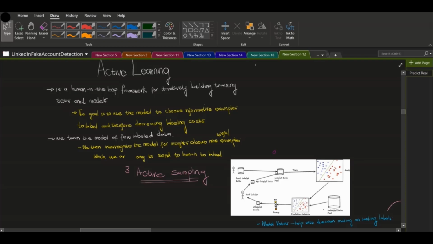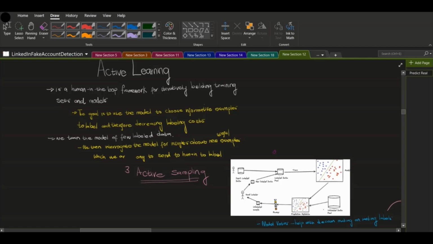So what happens is that we train a model, a classifier, on the labeled data. Then we use the classifier to know which of the labeled data we are not good at. Then we send those that we're not good at to the human to label them, or maybe they can get more data so that our model can be good.